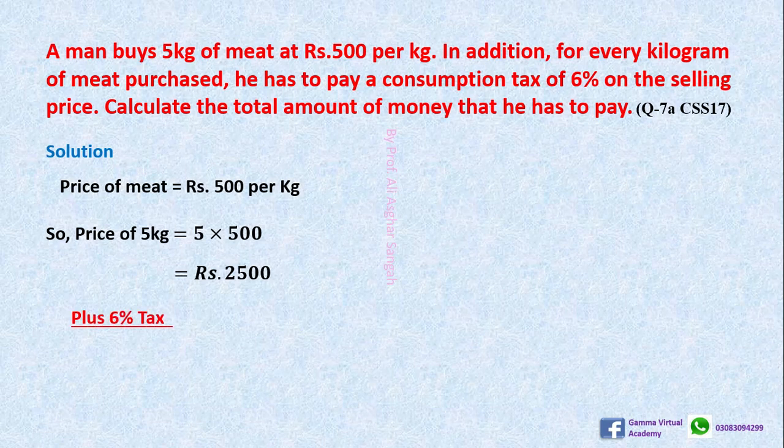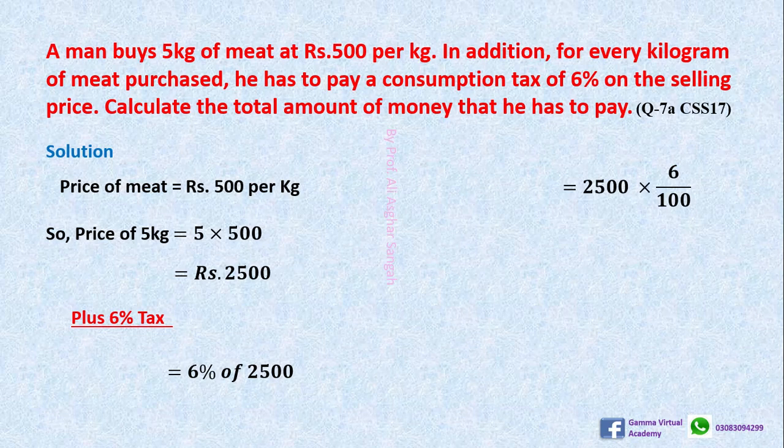So 6% tax he also has to pay. Okay, so we find the 6% of 2500. For finding 6% of 2500, we have to multiply 6 upon 100 because percentage will be converted into fraction.